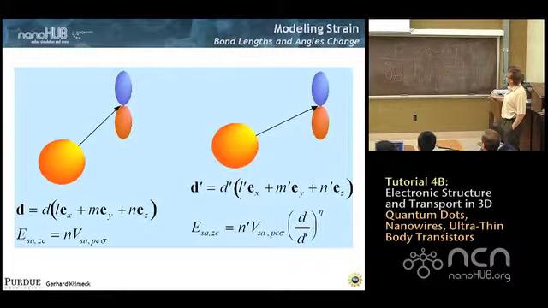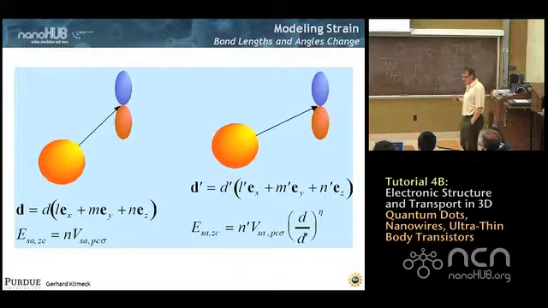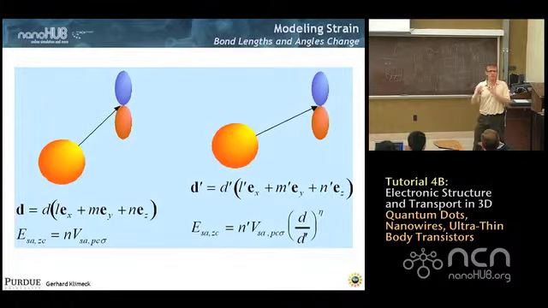So here's, say, an s orbital on the left coupled to a p orbital over here on the right. If we now change the bond angle or the bond distance, that is immediately comprehended in the model. Okay? So strain effects of distortions are immediately in the model. We don't stick it in after the fact or by a parameterization.